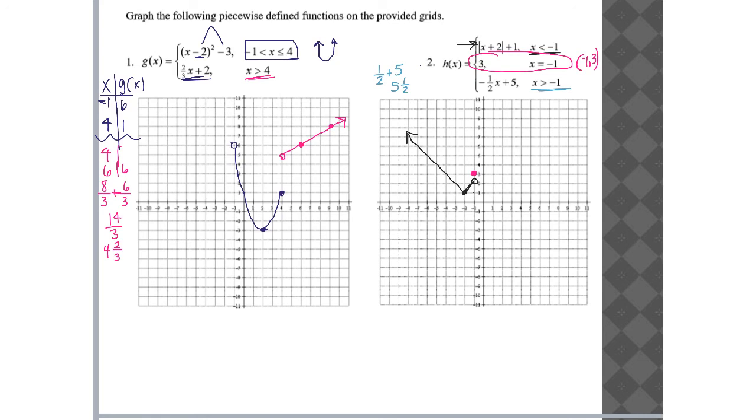So x was -1, and then y was 5.5, and it's going to be an open circle. And let's see, we know our y-intercept is 5. And from that, we can count off our slope. So we need to move down 1 and run 2. Down 1, run 2. And so, voila, here's the other piece of our piecewise function. All right.